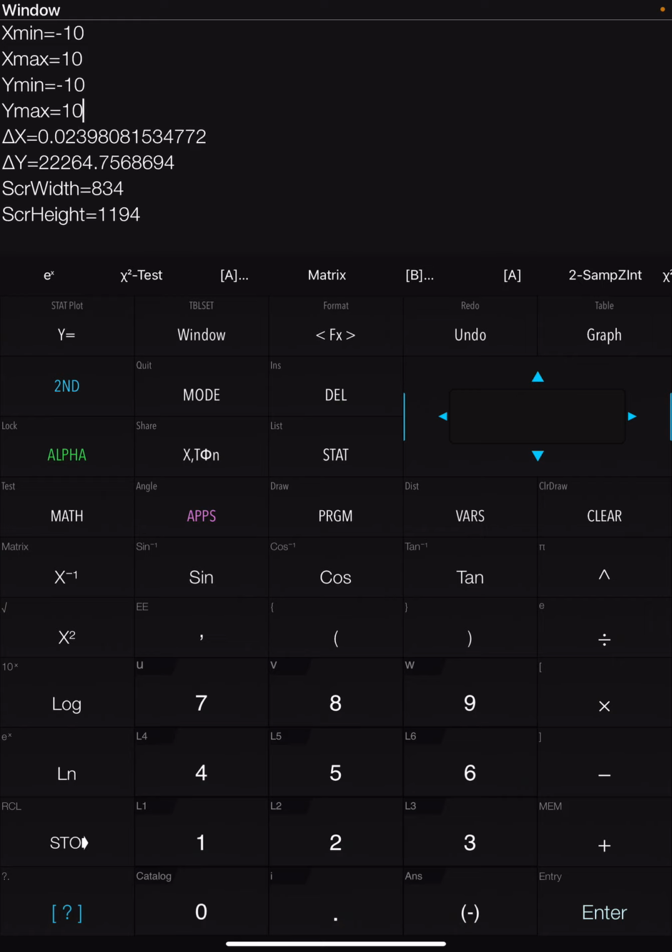I'm not familiar with this calculator setup. There should be a second trace. Oops, okay, and then where's the trace button?